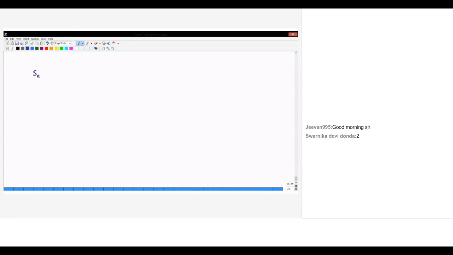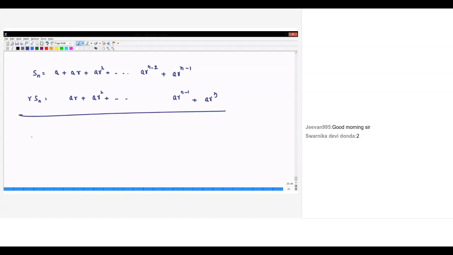Sum is A plus AR plus up to AR to the power of n minus 2, finally AR to the power of n minus 1, multiplied with R. Taking common, 1 minus R power n.